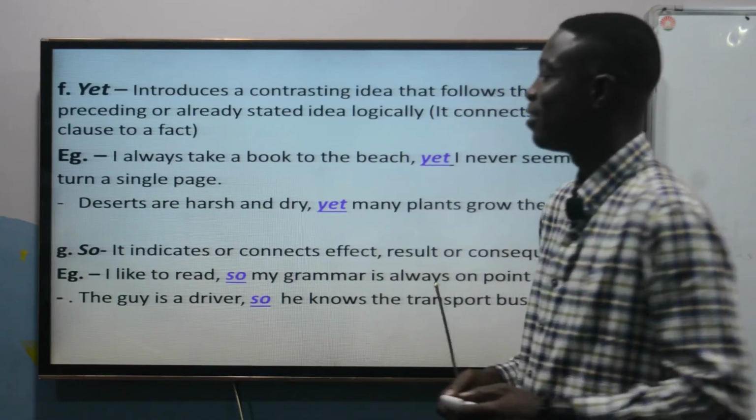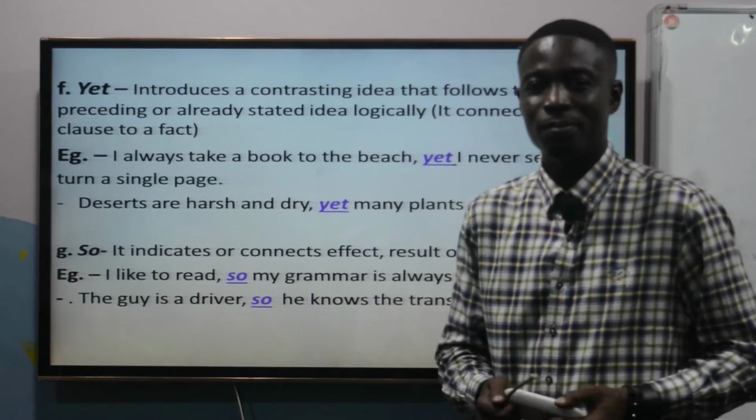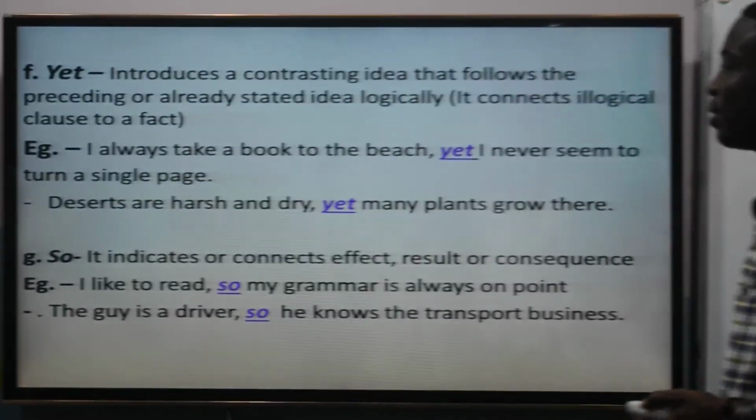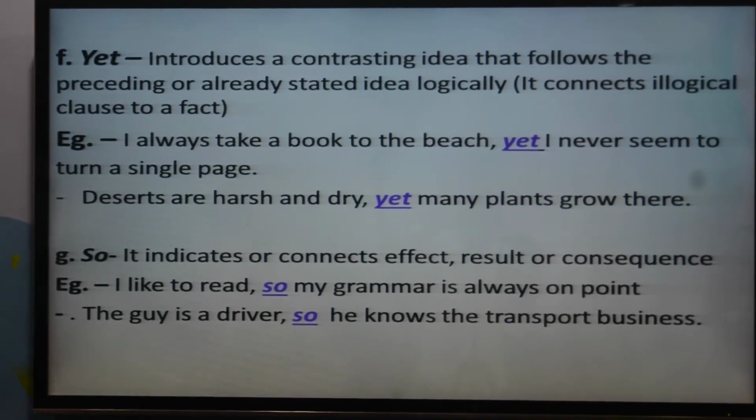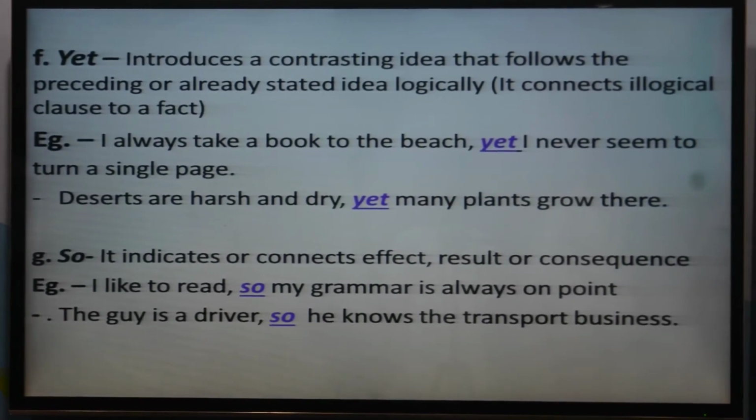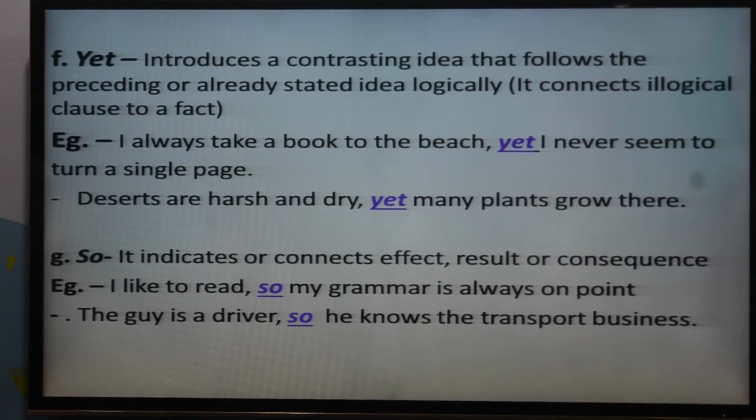All right. Our next point is "yet." Yet introduces a contrasting idea, a contrasting idea that follows the preceding or already stated idea logically. That is, it connects an illogical clause to a fact, and the fact has already been stated.